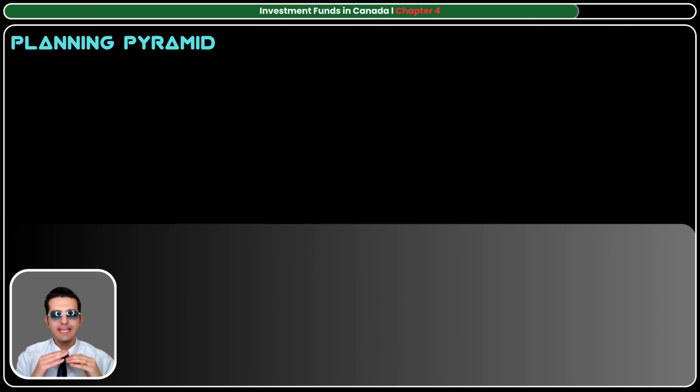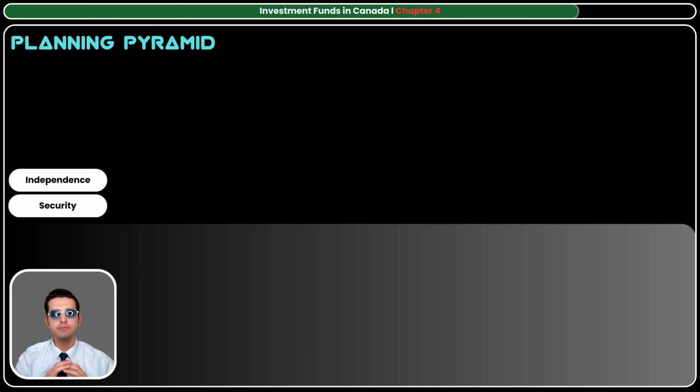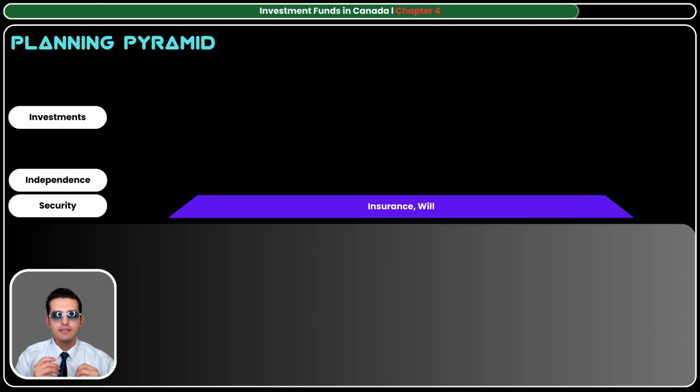We can categorize this pyramid into 3 groups. Group number 1 is security. Group number 2 is independence. And group number 3 is investments. Let's get to group number 1, security. What does security mean? This pyramid says, you as a person, you need to secure yourself first before investing in anything, before thinking about independence.